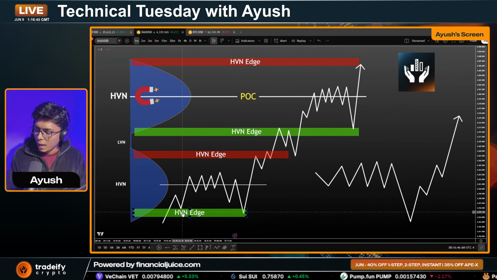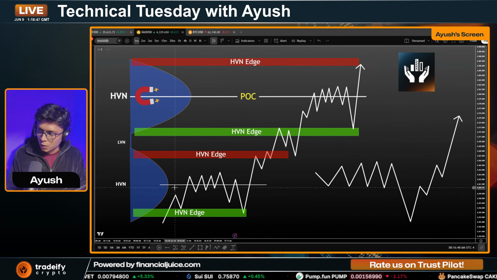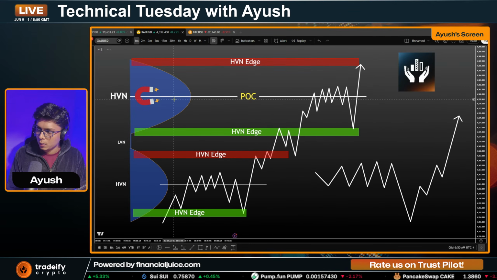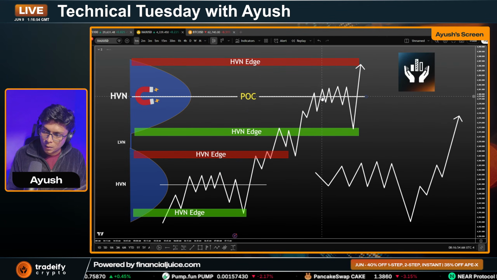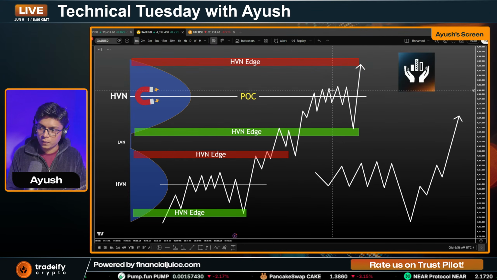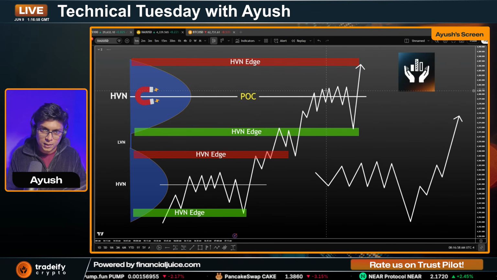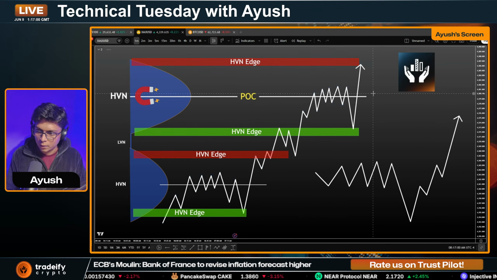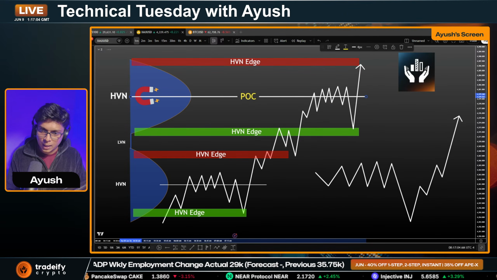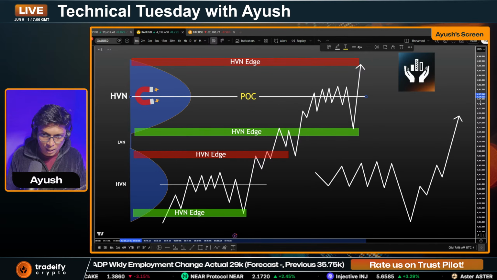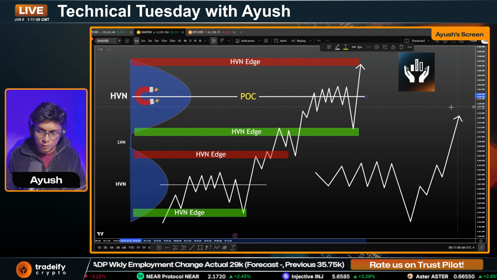Now, why I have marked this edge and stuff, but before let's understand these mountains, which are a high volume node, where you will see maximum number of transactions happen at a price level. And in this example, we have maximum number of transactions happen at 4379.522.